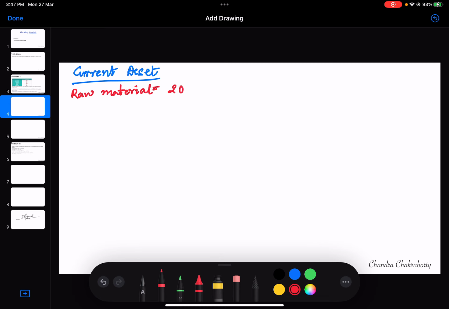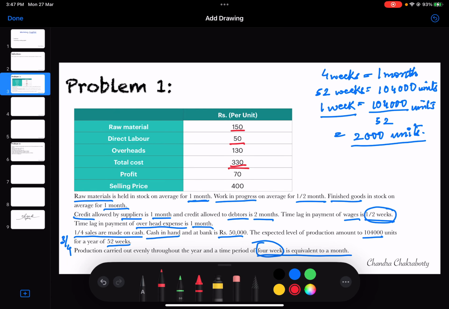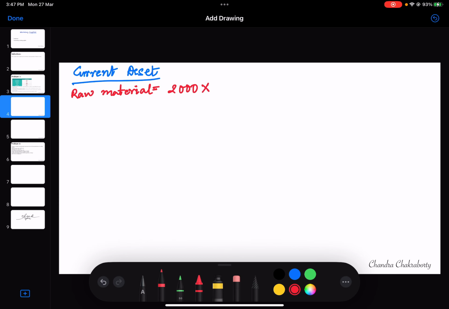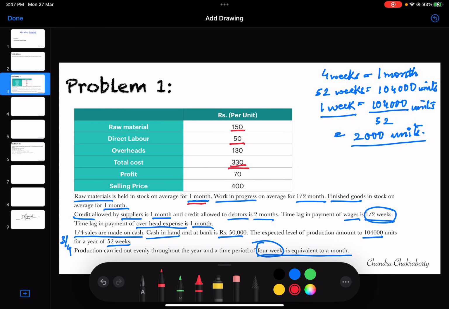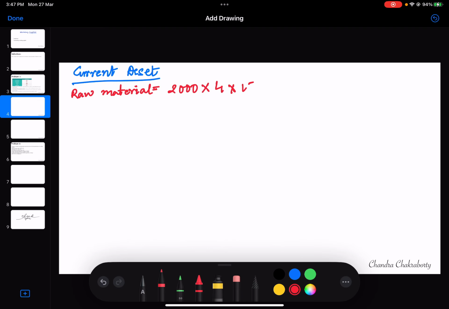It's 2000 units for 1 month, right? So it will be 4 weeks and the price is 150. So this will give us 12 lakhs.